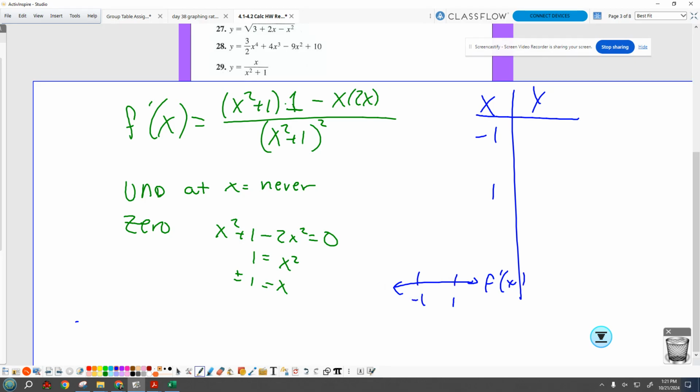But what do I do with Zach, group 9 Zach? What do I do with this number line or this table? Plug the points into the original function. Plug into the original function, so plugging into the original function, -1 over -1 squared plus 1, sounds like -1/2. Yep.